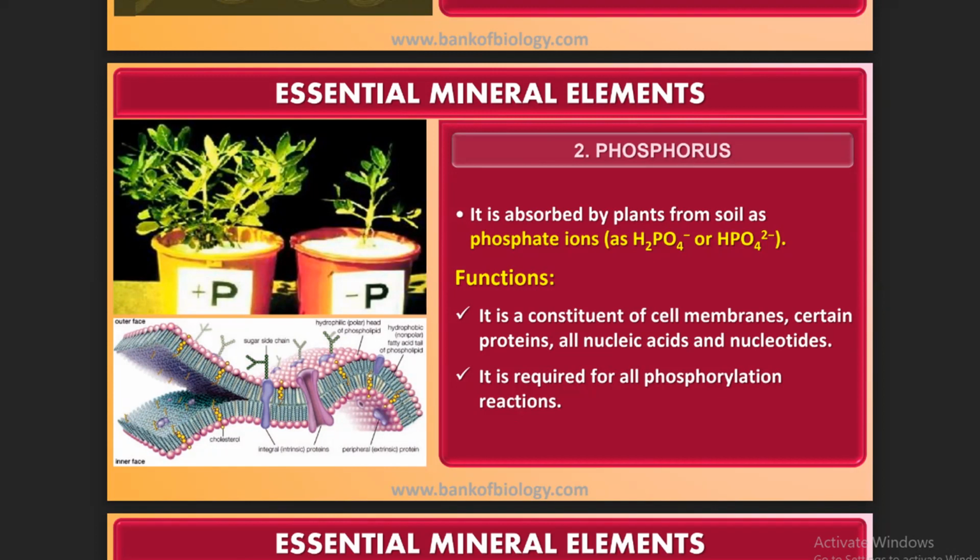If you forget this, at least you have to remember ATP. ATP is made up of phosphorus. That is called phosphorylation reactions. Addition of phosphate to any molecule is called phosphorylation. What is removal of phosphate? If addition is phosphorylation, what is dephosphorylation?